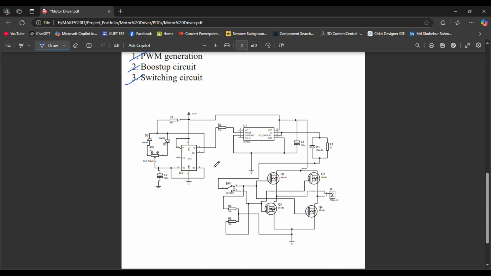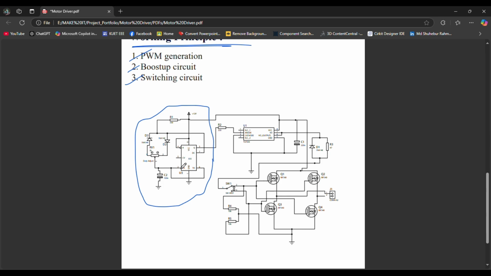This part is used for generation of the PWM signal. For this I am using a 555 timer IC. I won't talk about how the IC generates the pulse, I will just talk simply. This 555 timer IC generates the raw PWM signal that I talked about at the very first.